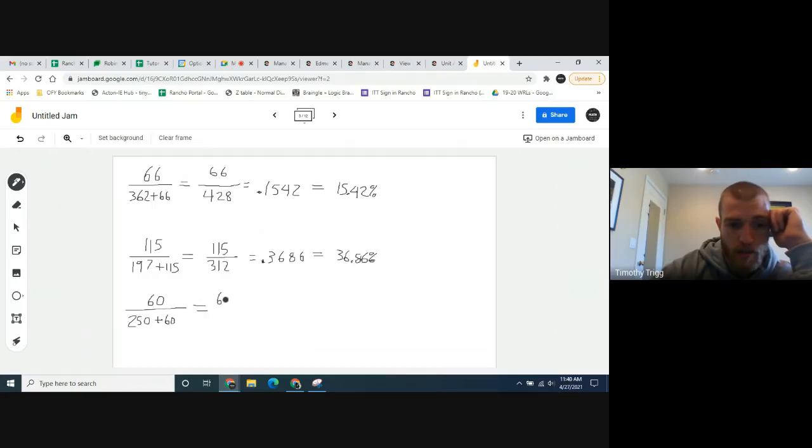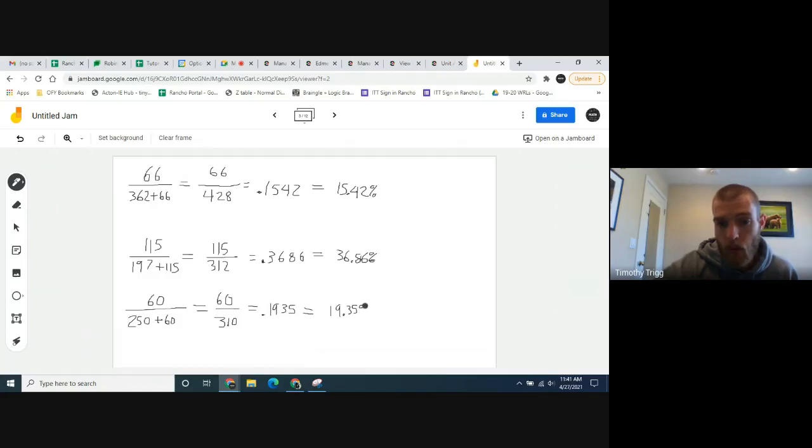So this is 60 out of 310, which gives 0.1935, about. So about 19.35%.